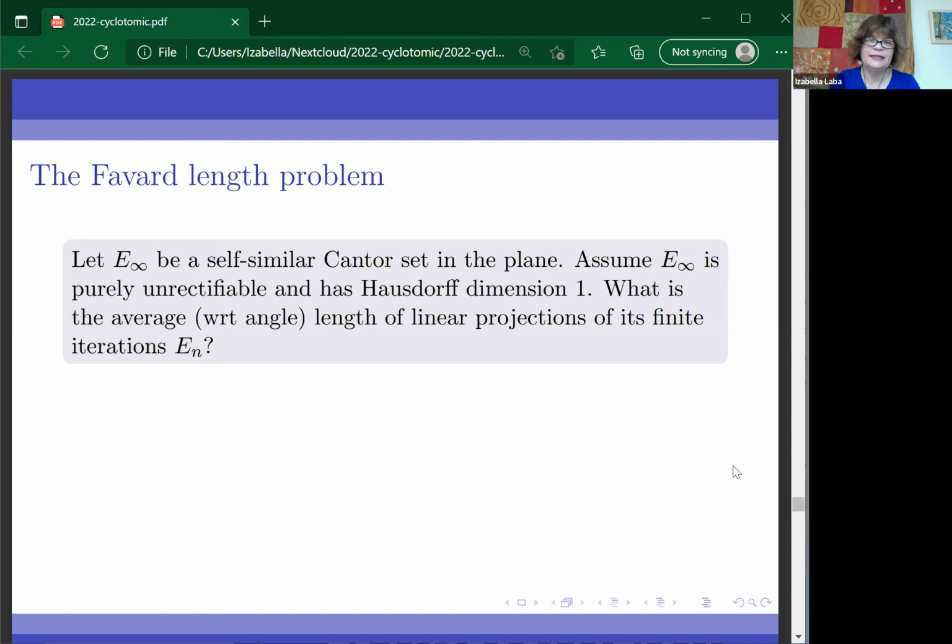Let's say that we have a self-similar Cantor set in the plane. Assume that the set is purely unrectifiable, has Hausdorff dimension 1. And what's the average, with respect to angle, length of linear projections of the finite iterations of the set?